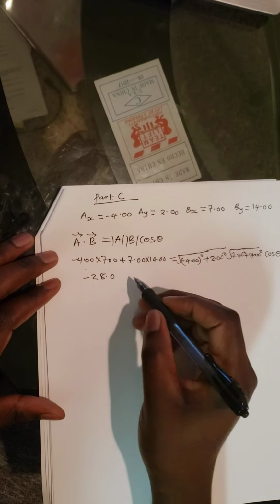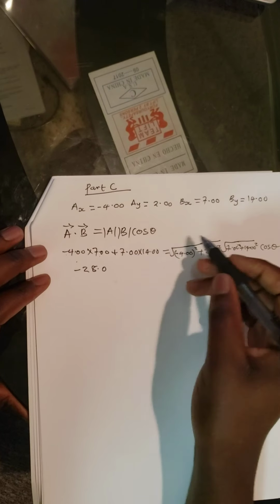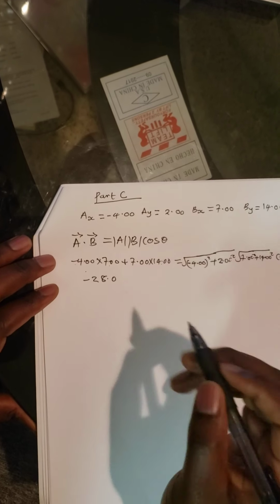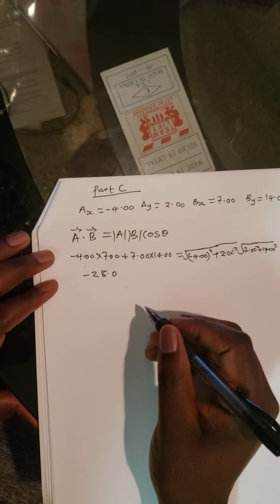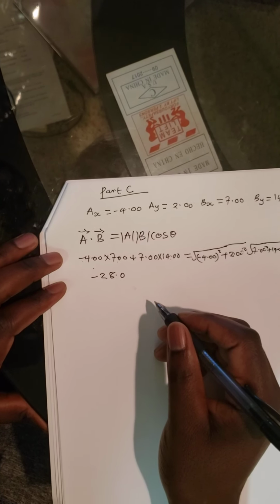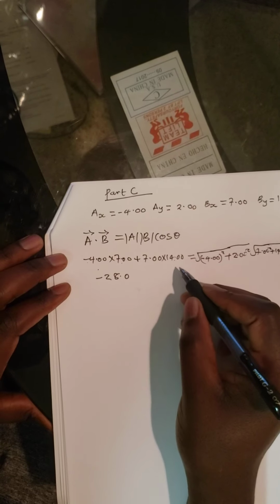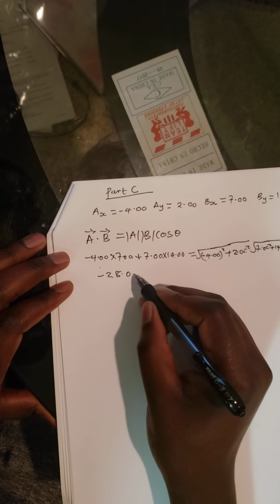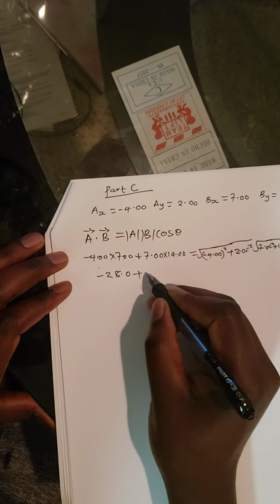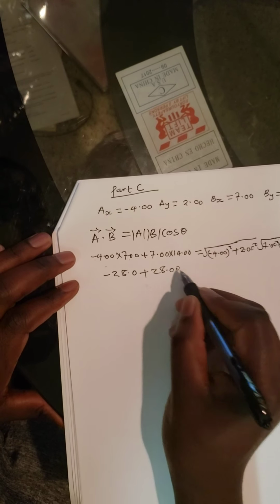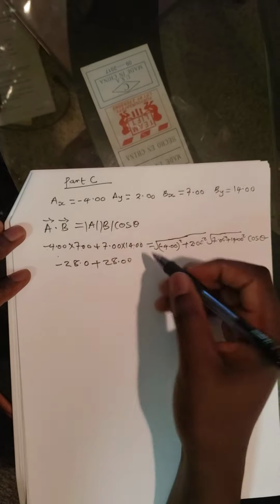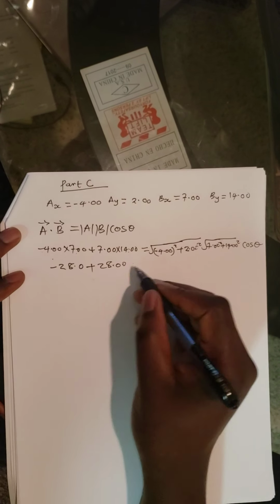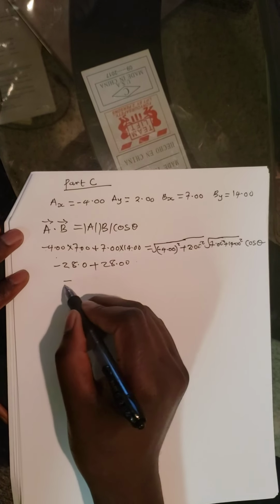If I multiply this, negative 4 times 7 is going to be negative 28.0, to 3 significant figures, and 2 times 14 is going to give me another 28.00. So the dot product gives me 0.